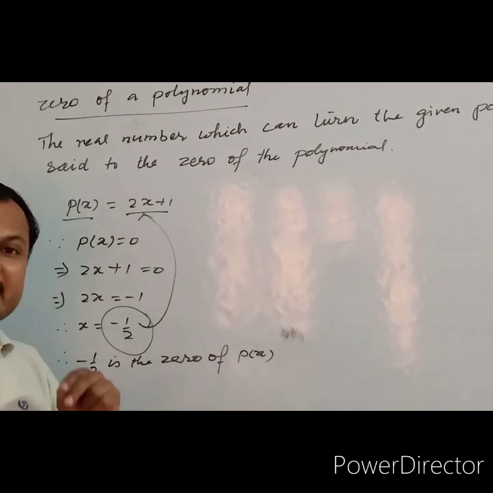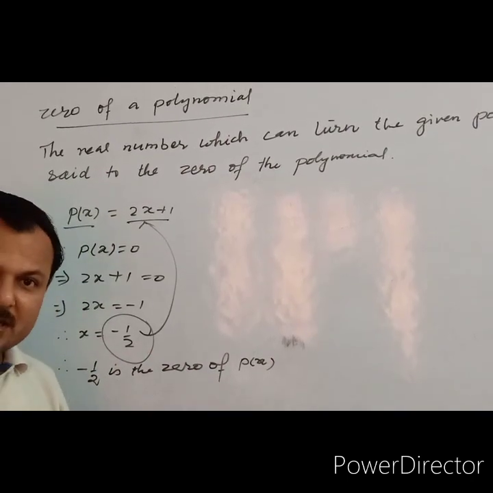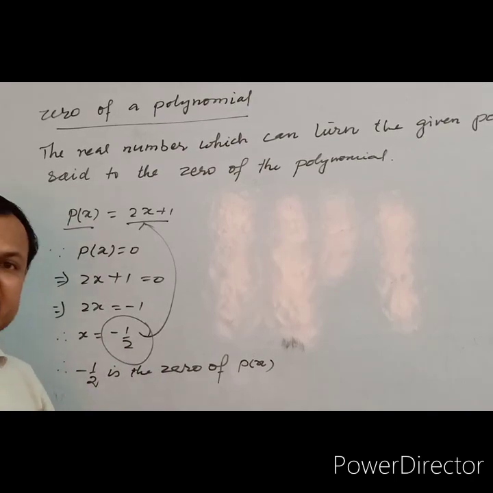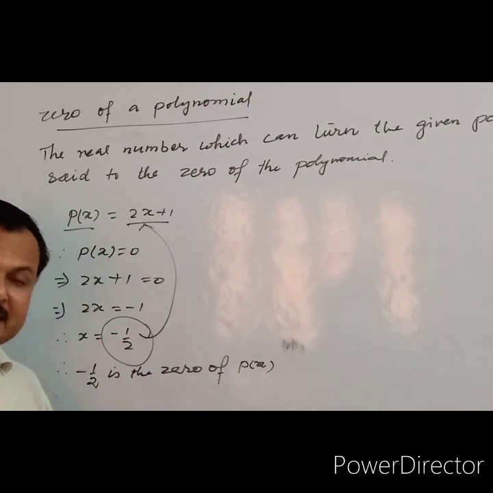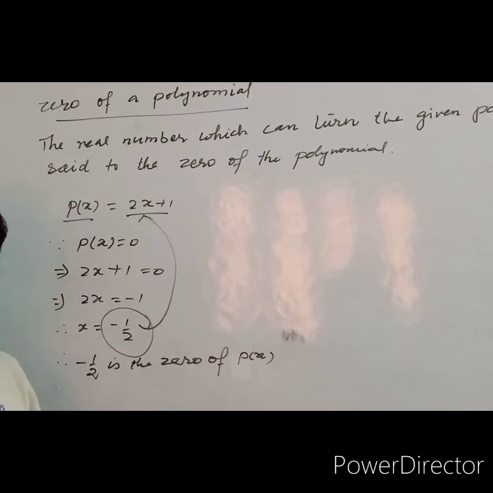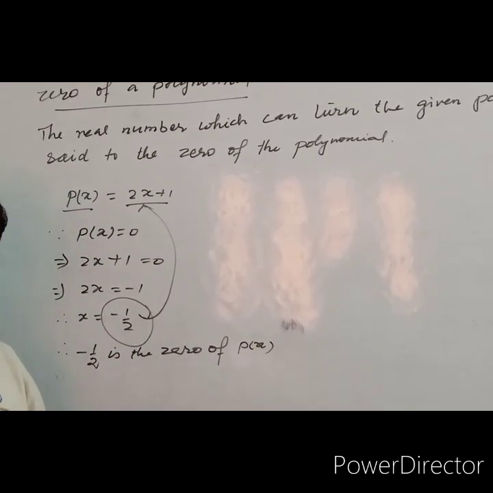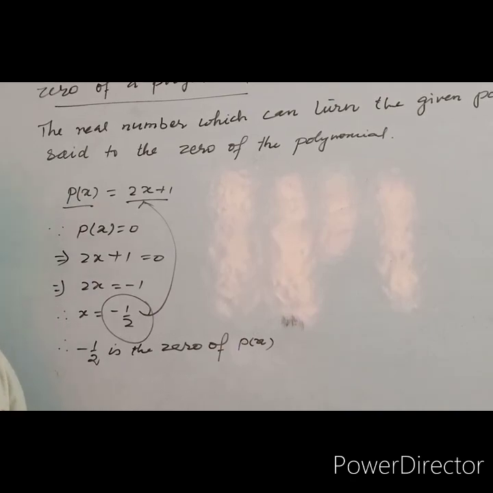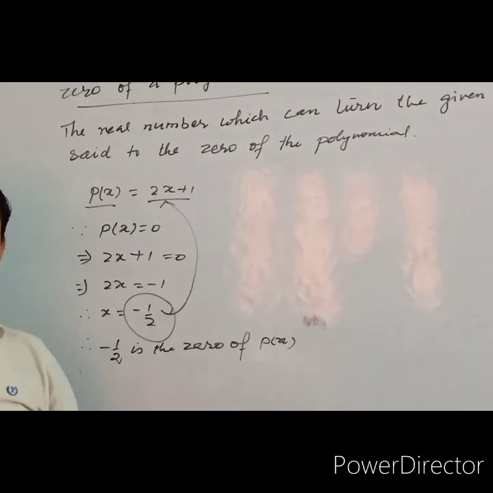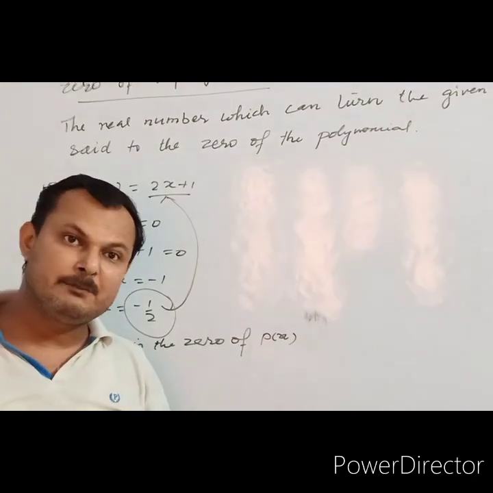But remember, if the polynomial is linear, the number of zeros will be 1. If the polynomial is quadratic, meaning degree is 2, the number of zeros will be 2. If the polynomial is cubic, degree is 3, the number of zeros will be 3. If the polynomial is biquadratic, degree is 4, the number of zeros will be 4. So the number of zeros can be decided with the help of the degree of the given polynomial.